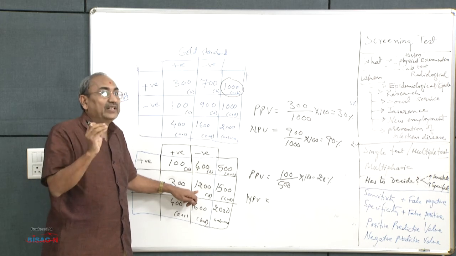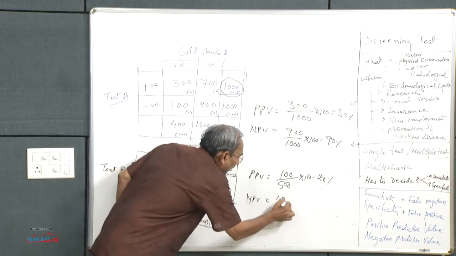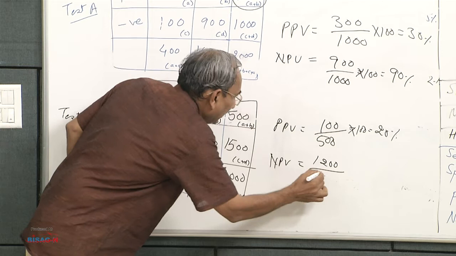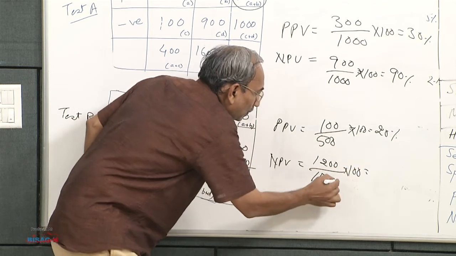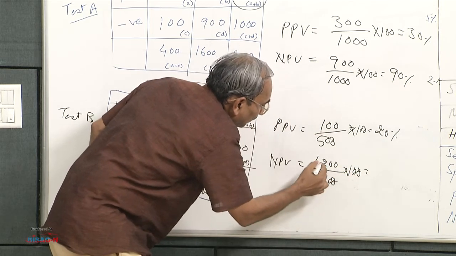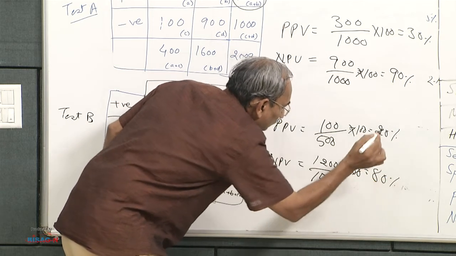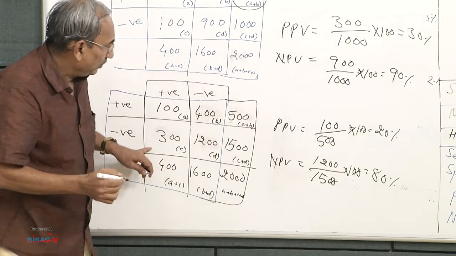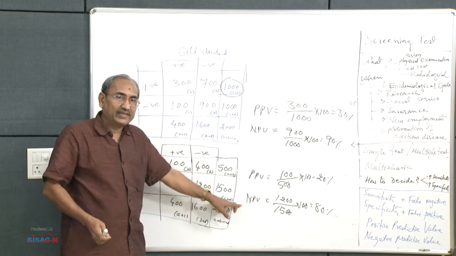So, negative predictive value of the test is 1200 divided by 1500 multiplied by 100, which is 80%. So, negative predictive value of this test is 80%.